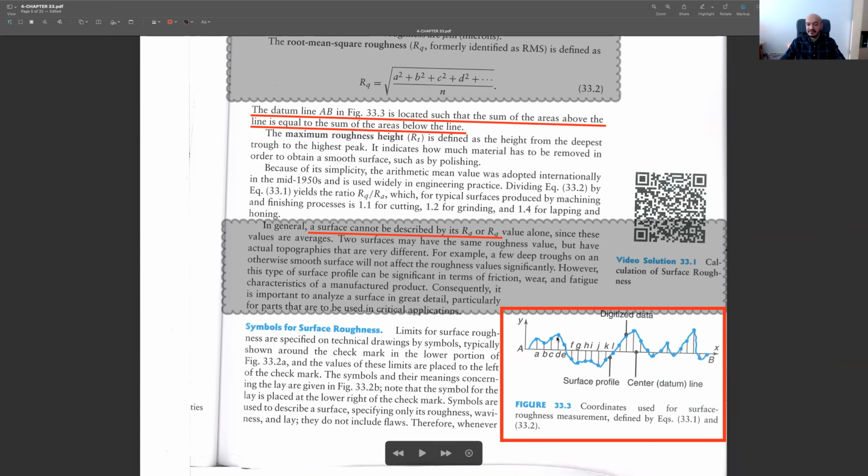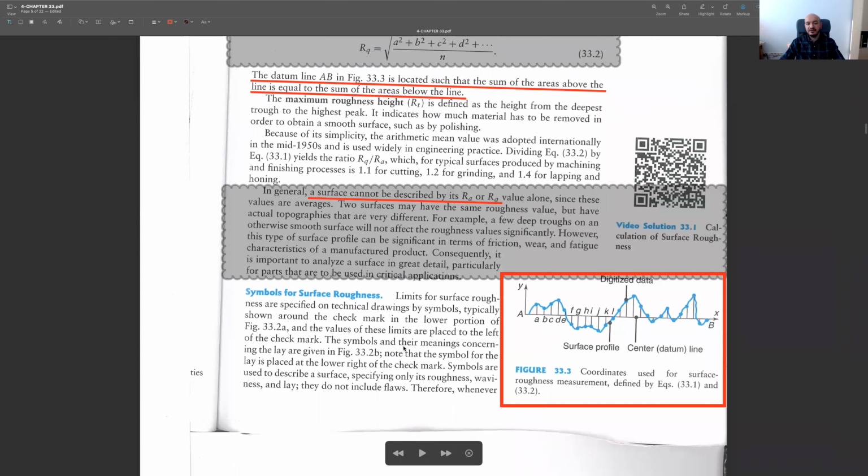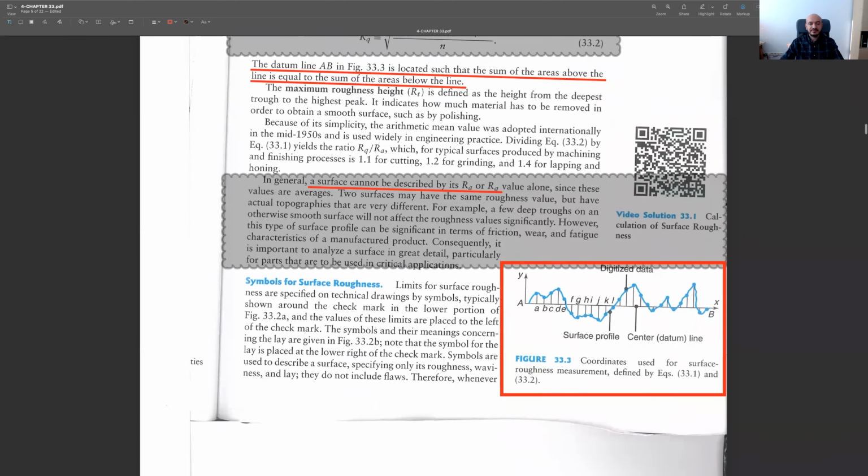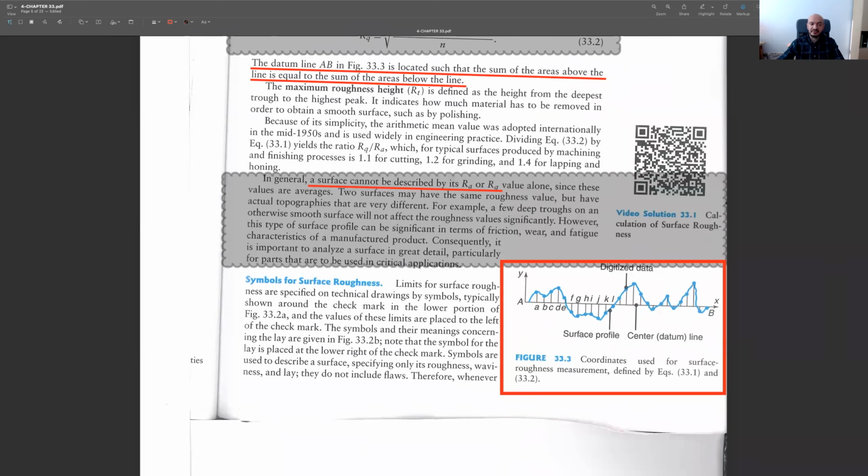If that's the case, then you cannot just say that the Ra value is enough to describe the behavior of your surface. If you want to go into the details of your surface quality, then you should also perform other measurements, use another microscope, maybe take 3D measurements, and then later comment on the quality of your surface.